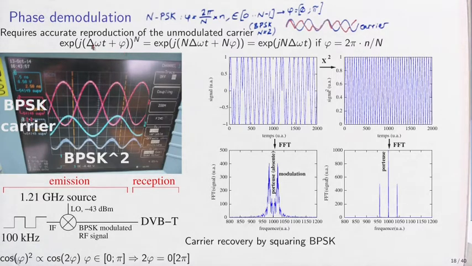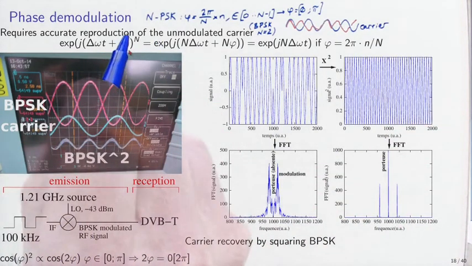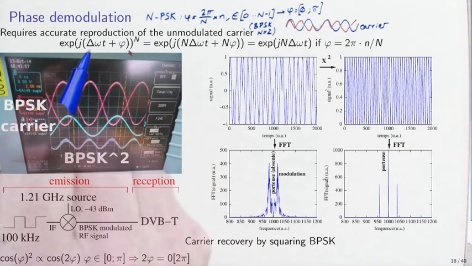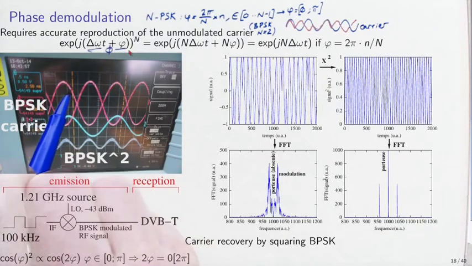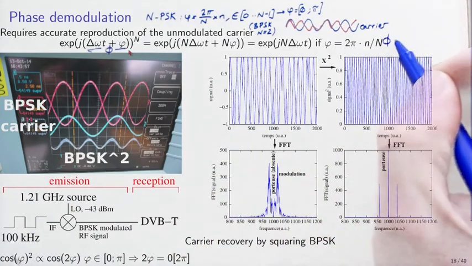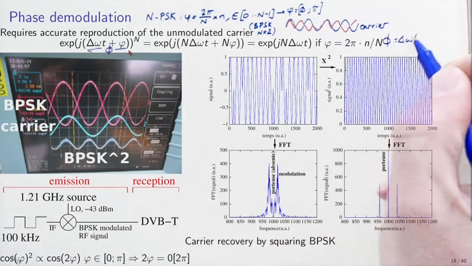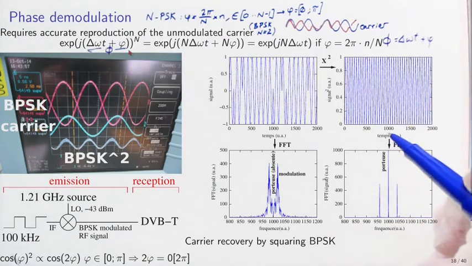So when you have this delta omega and this phi, I can express this term as one big phase. I can write this as phase phi, and this phase has two components, which I can express as the linear drifting phase and the random sequence which I want to detect.